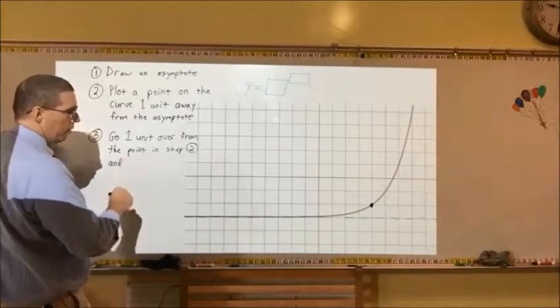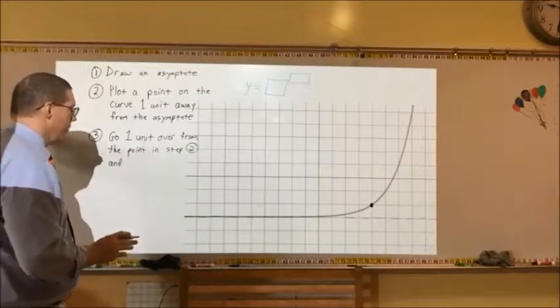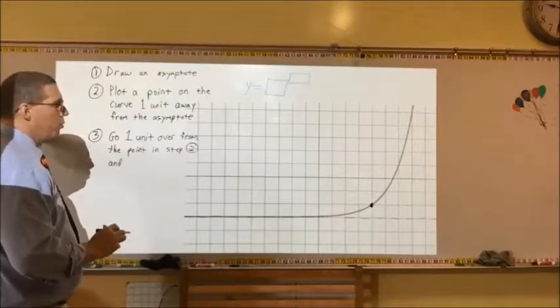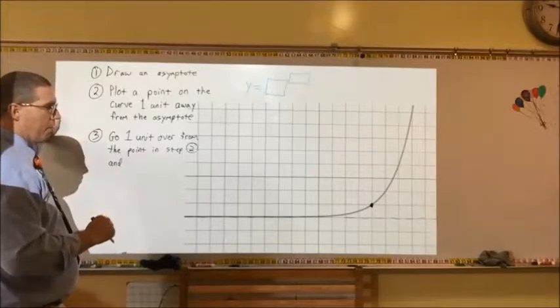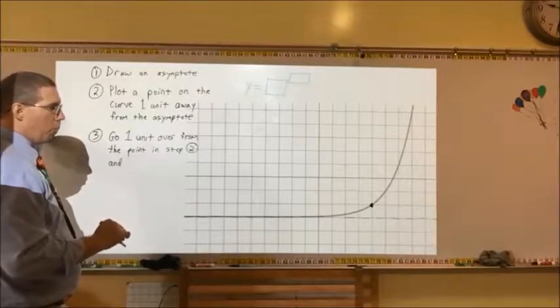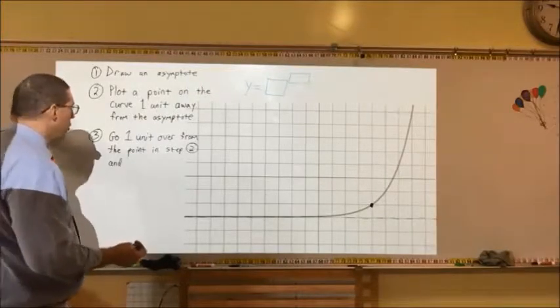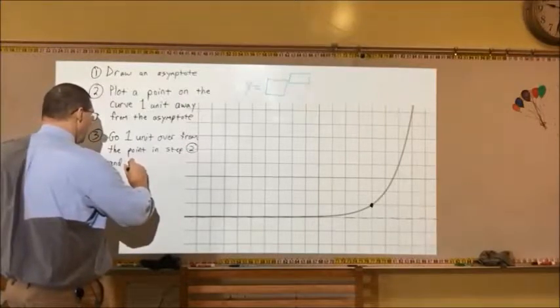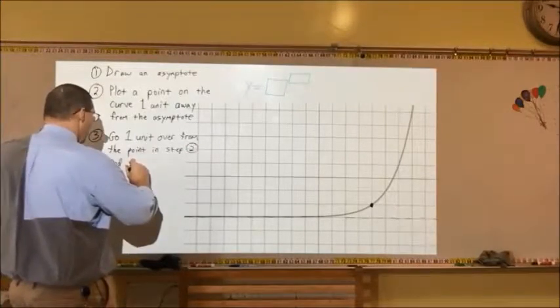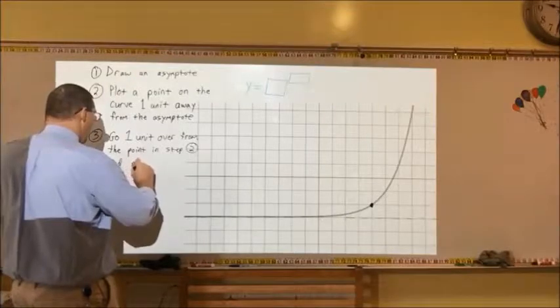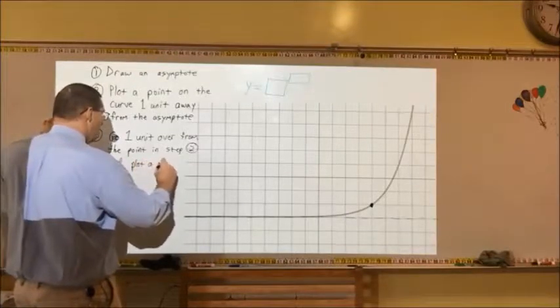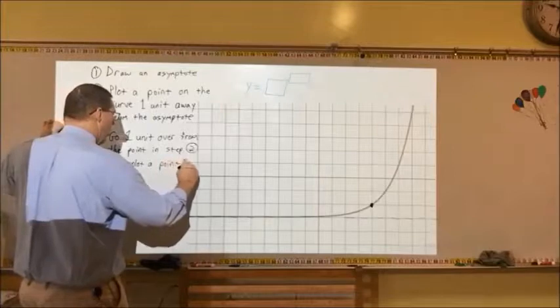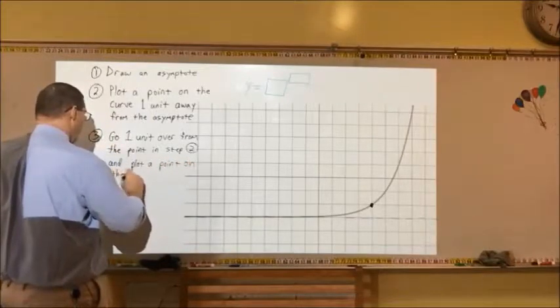Now, right or left if it's exponential, but it would be up or down if it was logarithmic because it's the inverse. You're going to go 1 unit over from the point in step 2 and plot a point on the graph.